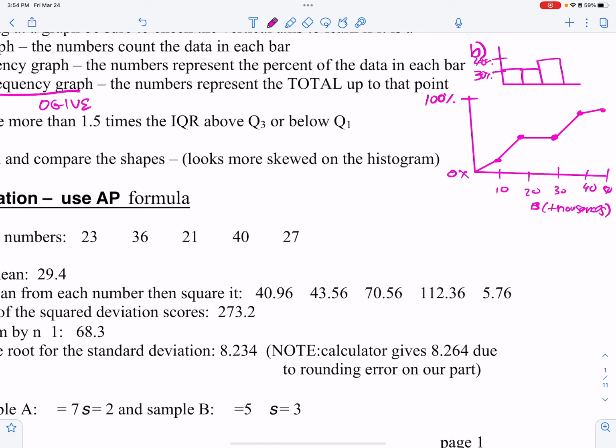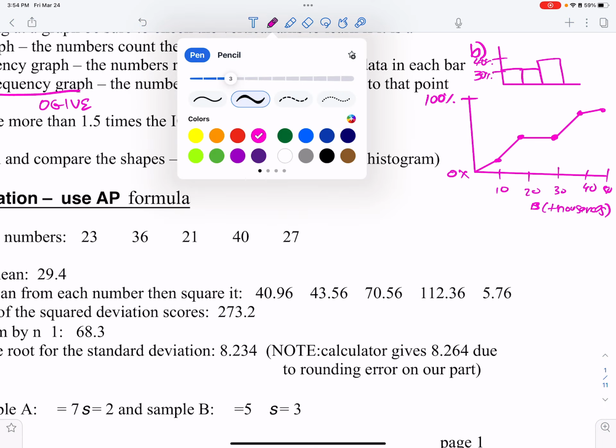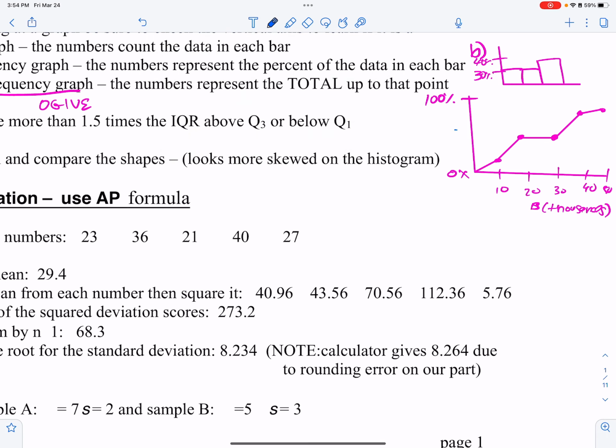So if I ask you what the median was, what you would do is say, okay, 50%, smack dab here. You'd go here, and that's about the median. It's about 31, let's say.